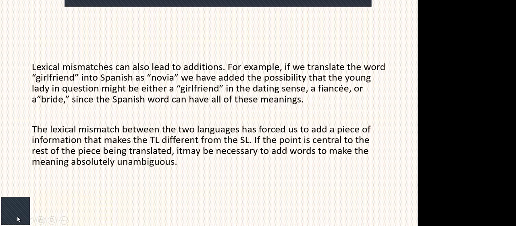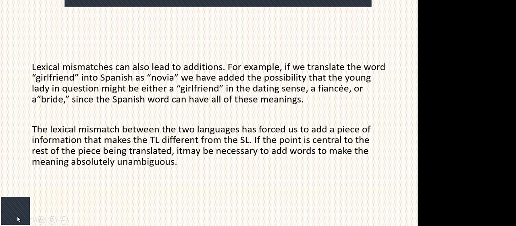Sometimes we have cases of lexical mismatches, right, that require additions. For example, girlfriend is a very vague word. That could mean different kinds of relationships that you may have with a female person. So into Spanish, it generally stands as novia in terms of one-to-one equivalence.